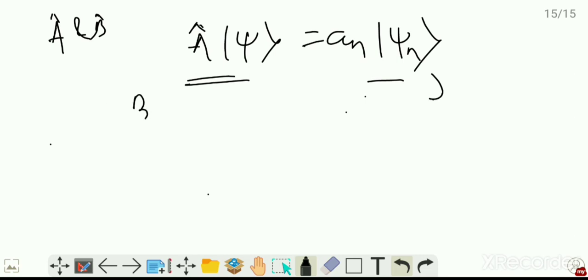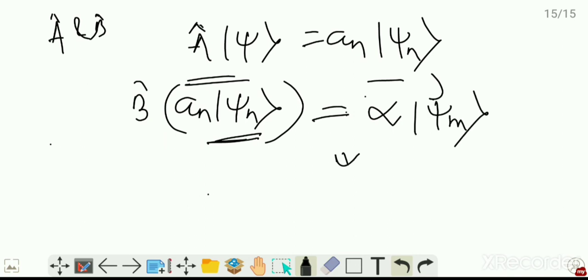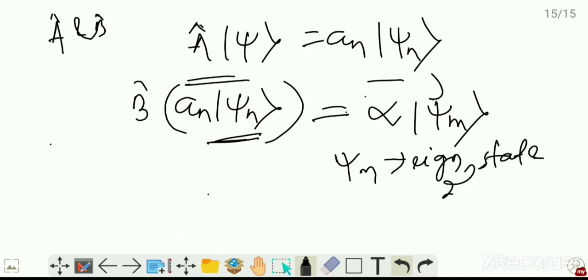Now when we operate b cap on an psi of n, this will give some different value alpha, and it will change it to psi of m, where psi of m is an eigenstate of b cap. This will give alpha and psi of m.